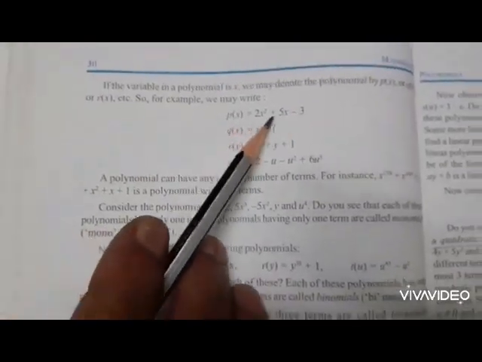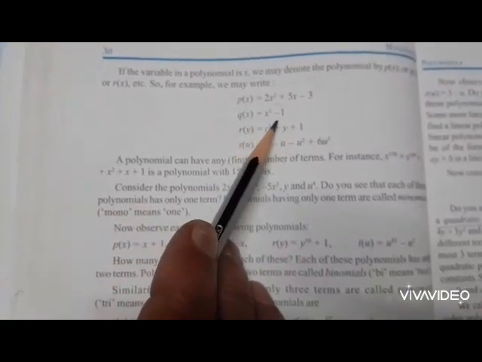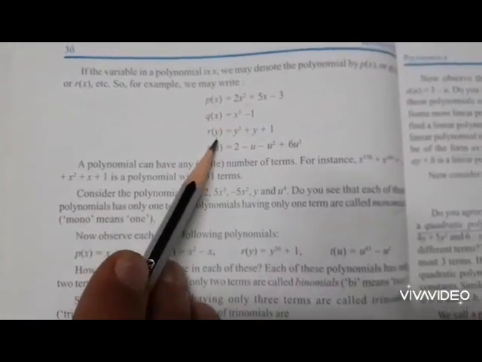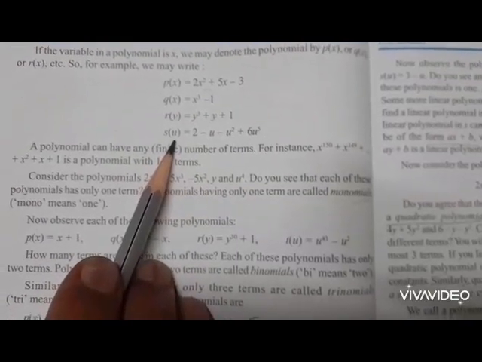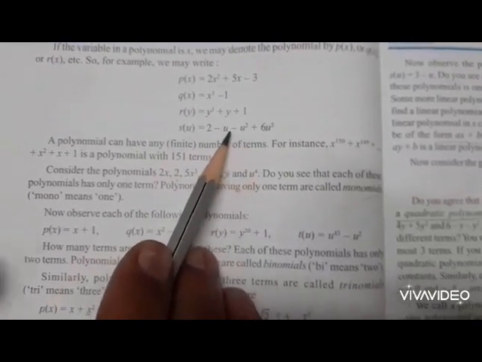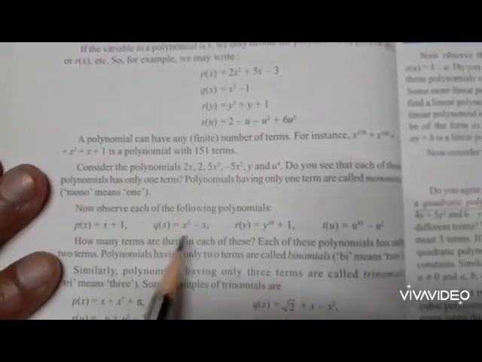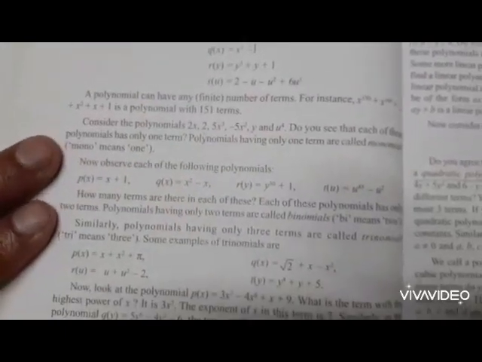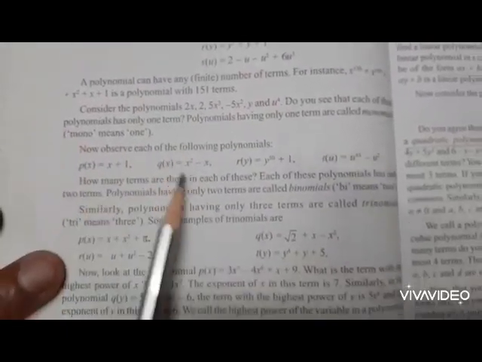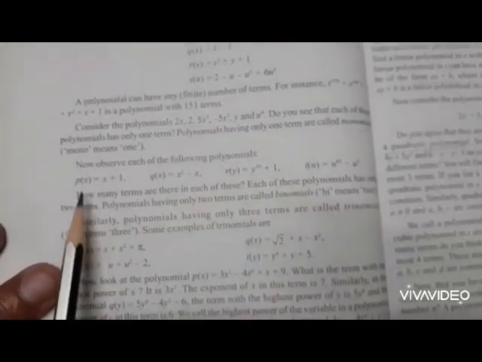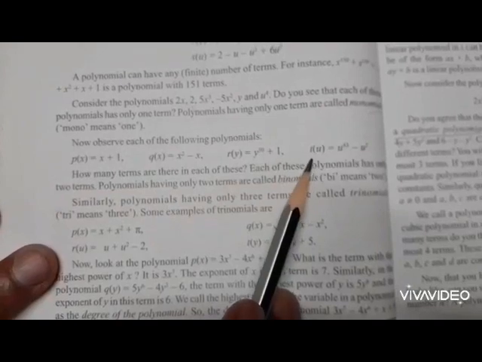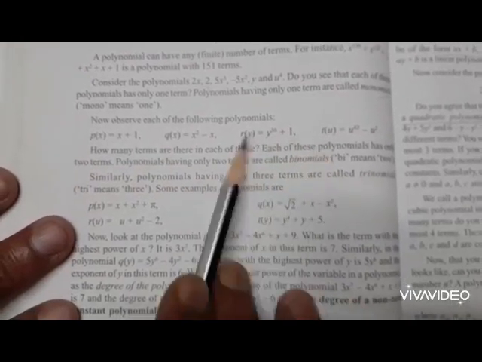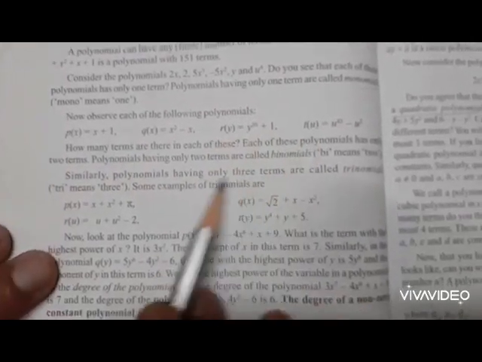Px means a polynomial in x, qx also is a polynomial in x, ry means it is a polynomial in y, su is another polynomial which is in u. So now these are all different kinds of polynomials, and whatever way you like, we can represent it.